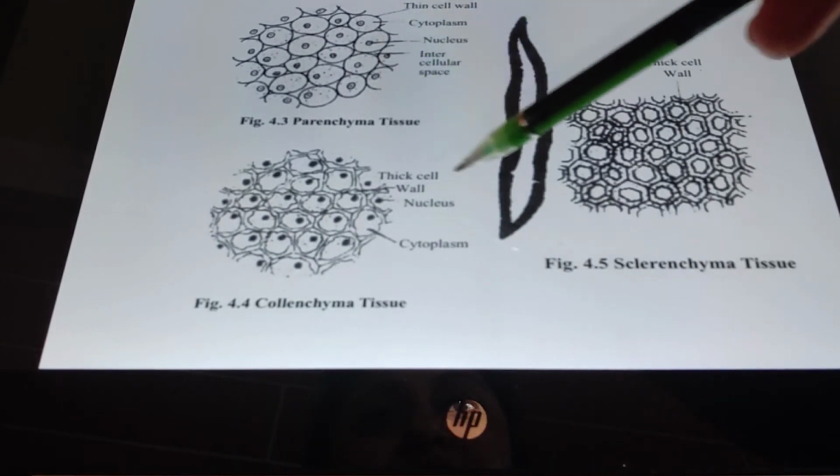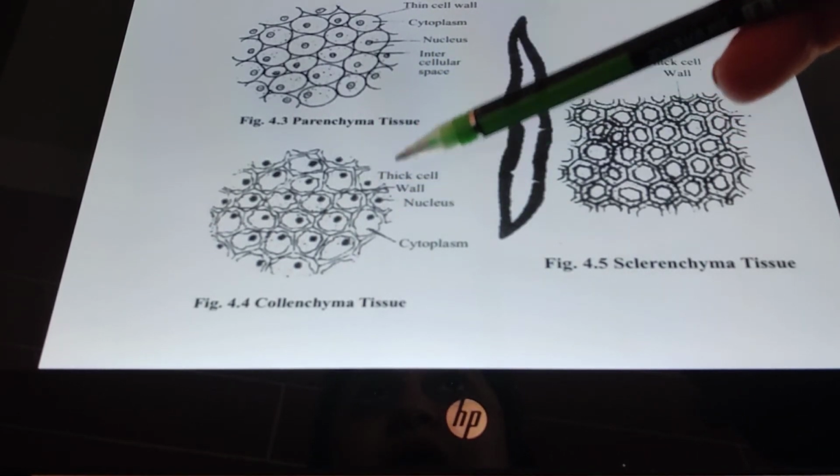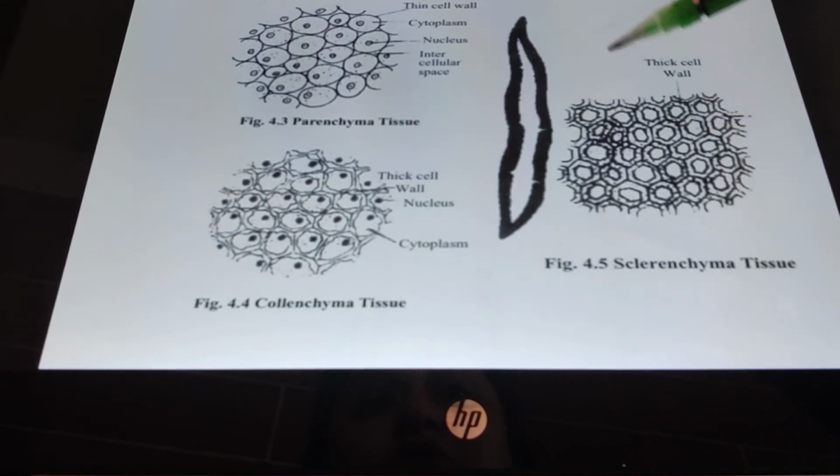If we compare the cell walls of all these three, parenchyma has a thin cell wall, collenchyma has a thick cell wall but at the corner, and sclerenchyma has a thick cell wall. This thick cell wall is due to the presence of lignin.